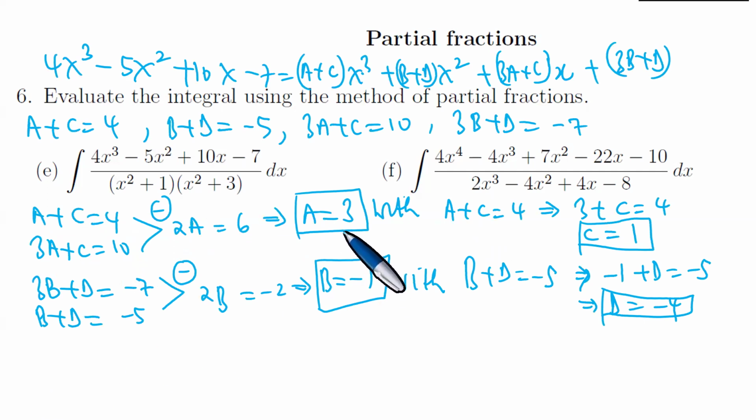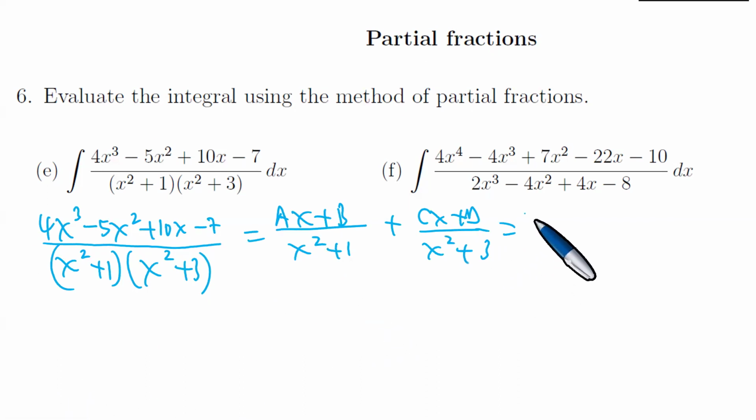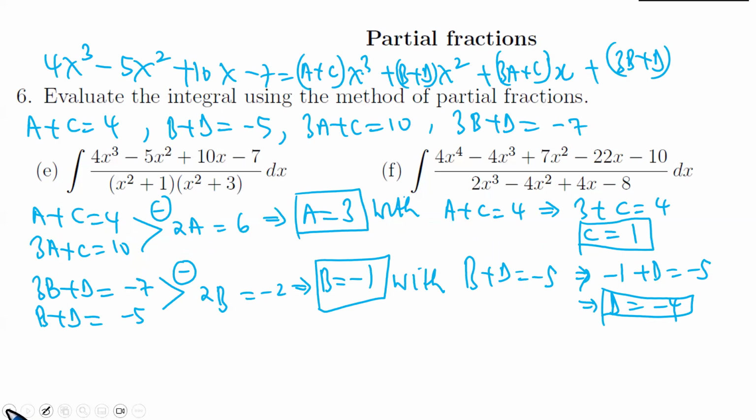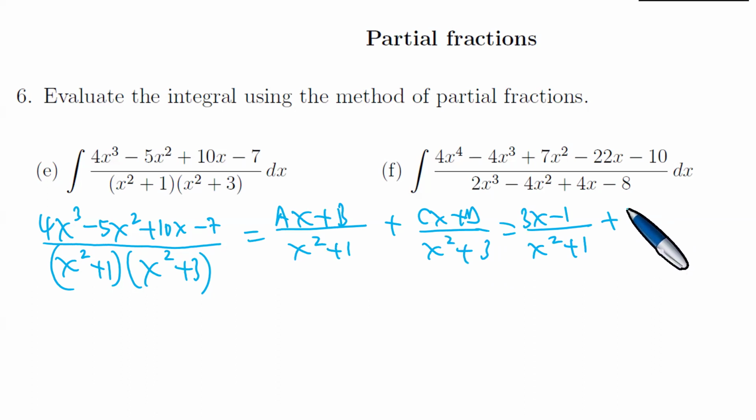The a is 3 and the b is −1, giving us (3x − 1)/(x² + 1). And c and d, 1 and −4, over x² + 3.